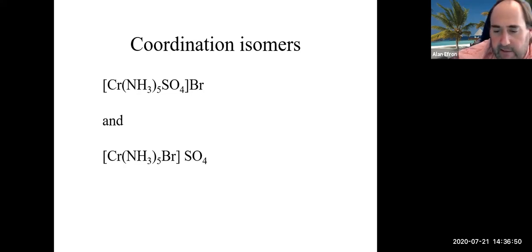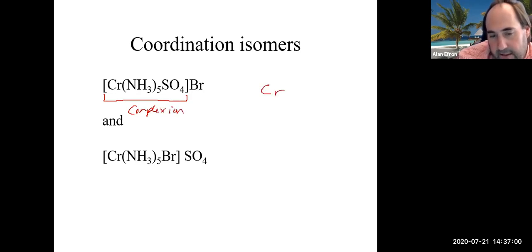So the difference between them, though, is this again is our complex ion part, which means, for a very badly drawn example here, attached to that chromium is our 5 NH3s and our 1 sulfate.